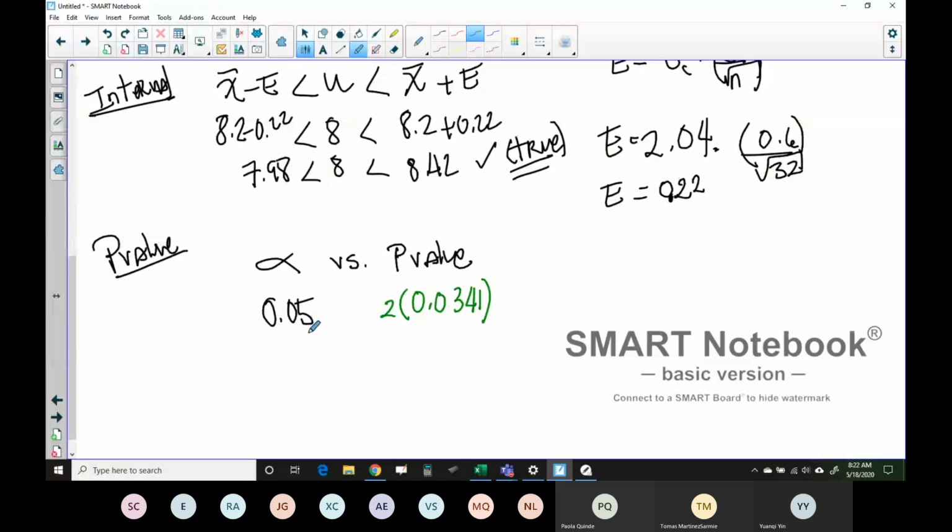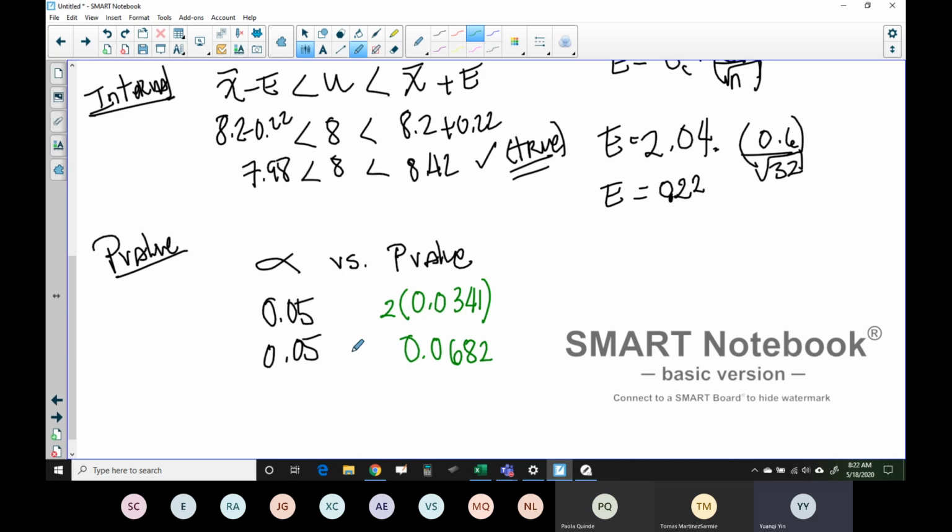Now we're going to compare these two values: 0.05, and 2 times that value, which is 0.0682. Is that right? Yes.